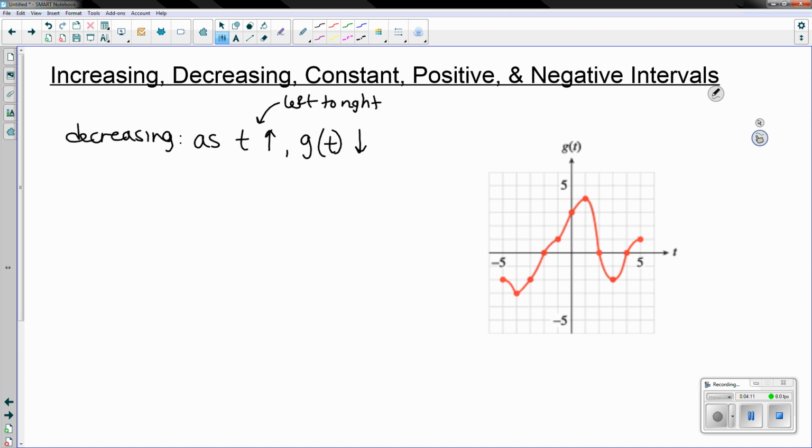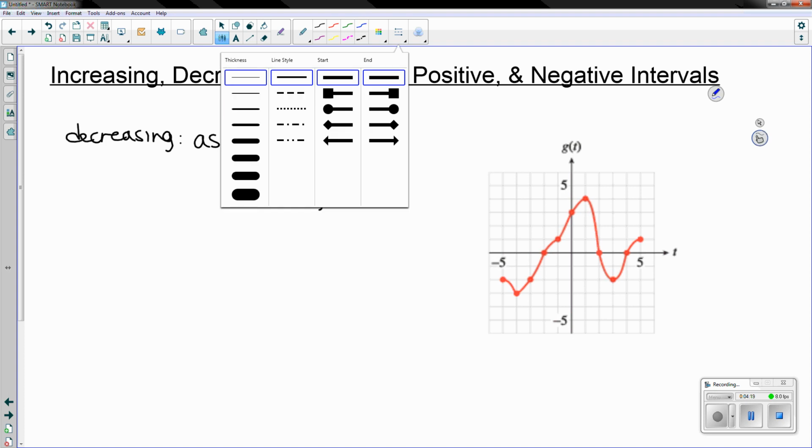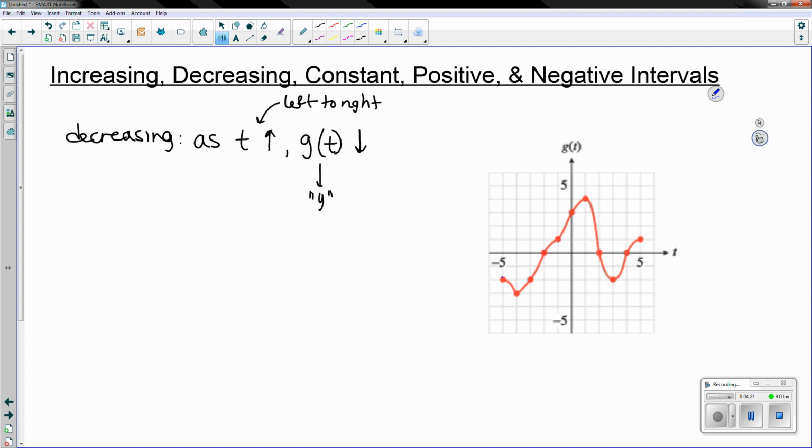The values of g, or the y values, remember it's the same thing as y, should go down. So let's trace over the parts of the function where that occurs. We can see that as we move left to right, this piece of the function goes down, and so does this. To indicate the proper locations of that decreasing function, we want to use an interval on which the function spans across, and the values are going down as we move left to right.